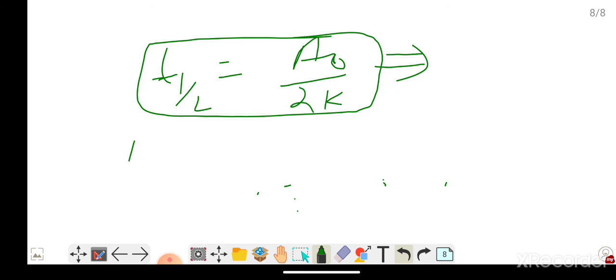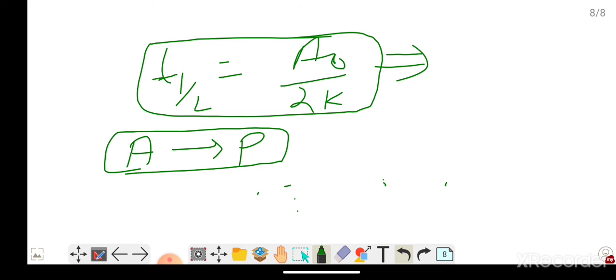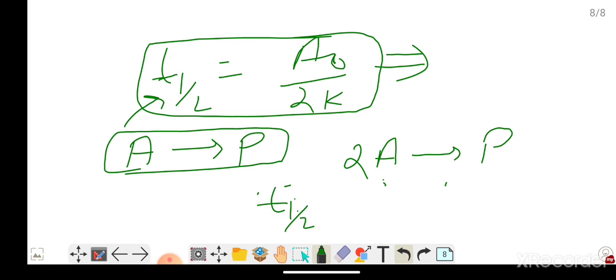Now let's suppose if this is the reaction, then t half-life is this. Now if this is the reaction, then what will be the t half-life? In this case, t half-life will be equal to A naught, the initial concentration, by 2 into 2K.